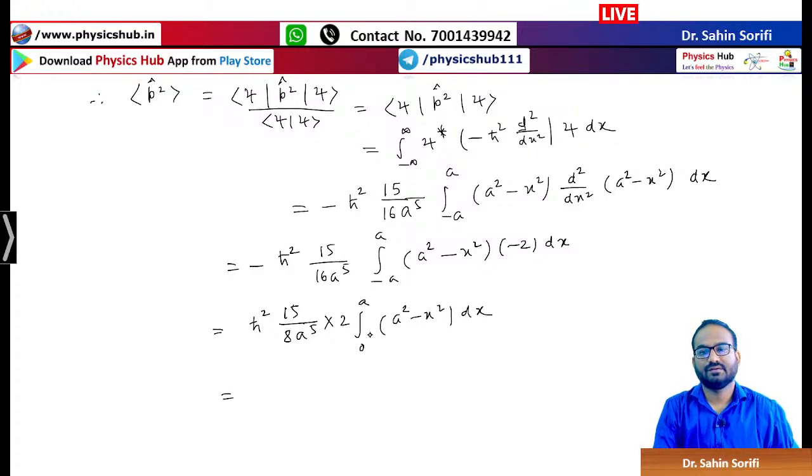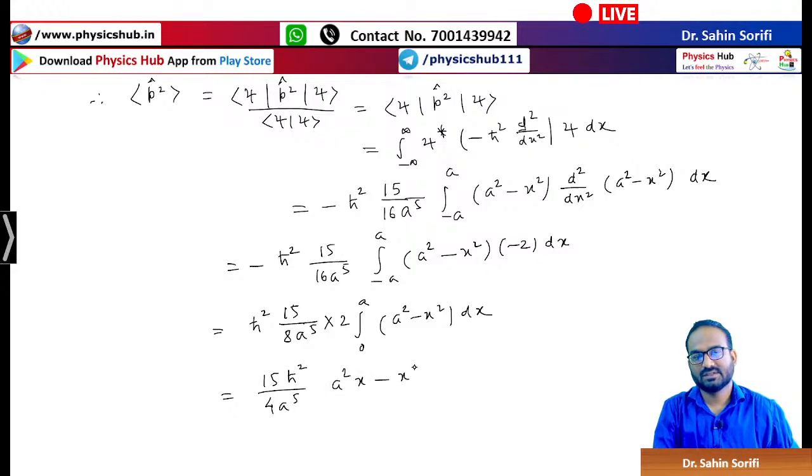So the 2 cancels with the 8, making it 4. So 15 h cut square by 4 a to the power 5, times a square x minus x cube by 3, from 0 to a.